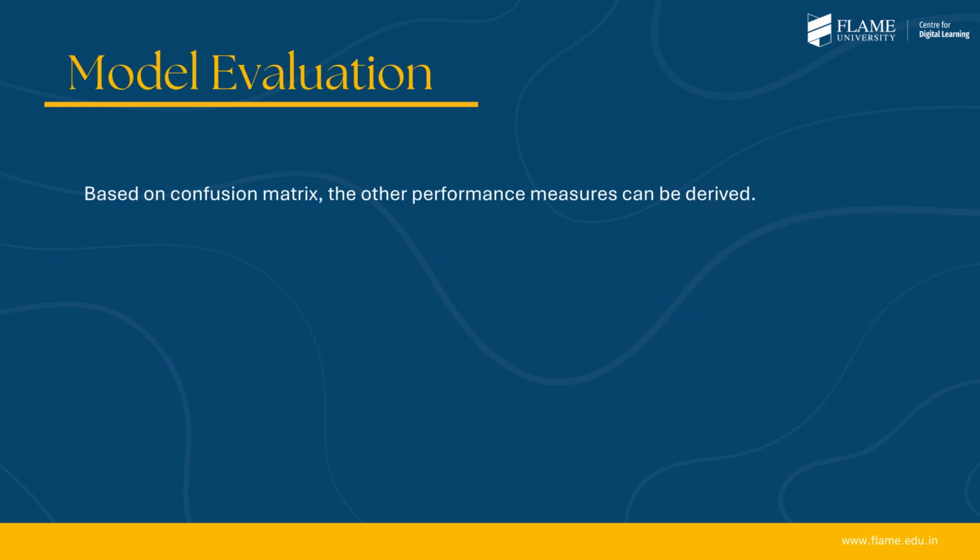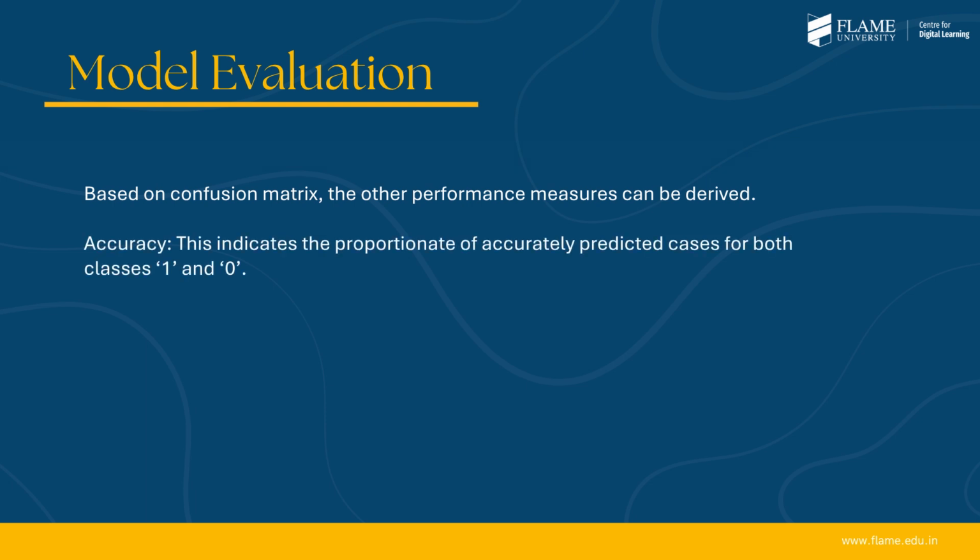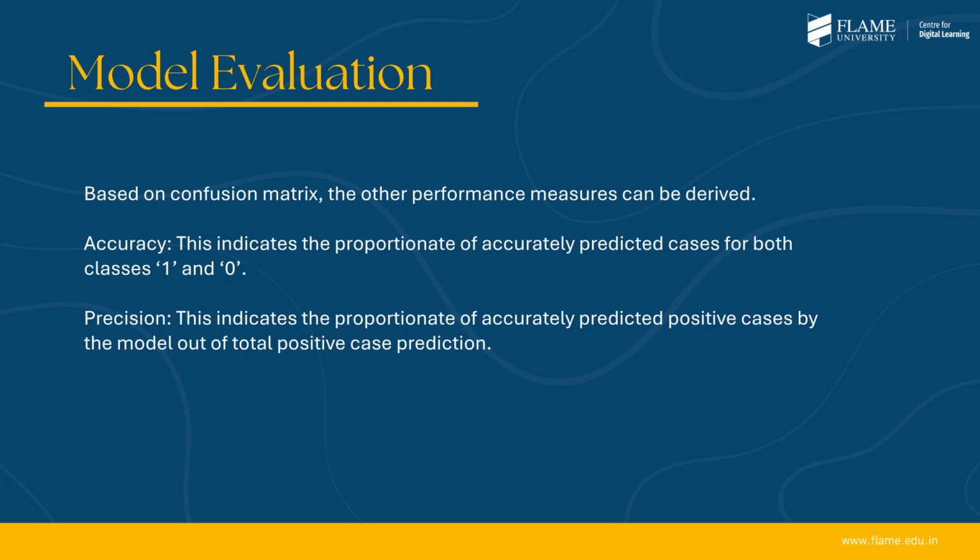Using these numbers, I can derive some metrics. Like accuracy. Accuracy is how well your machine learning model predicted the 1 and 0 cases correctly. Then comes precision. It indicates the proportion of correctly predicted positive cases out of the total positive predictions.